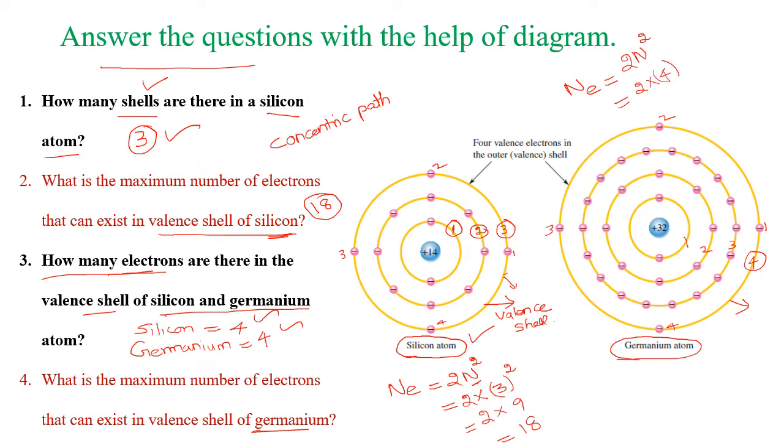So we write 4 to the power 2. That is equal to 2 times 4 times 4, which is 16, so 2 times 16 is 32. So 32 electrons can exist in the valence shell of germanium.